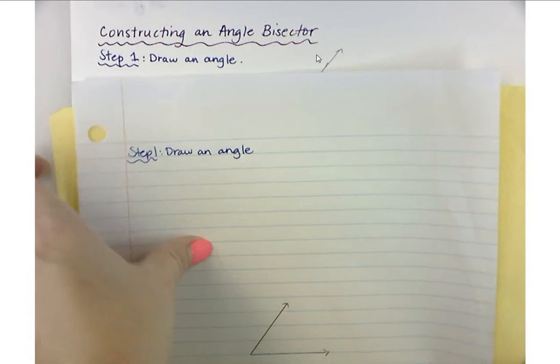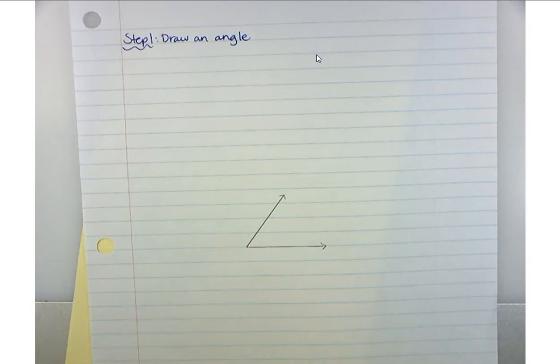And then for the rest of the steps, what I'm going to do is we're going to write it down first. Then I'm going to do it and you're going to watch. And then I'm going to tell you how to do it again, and then you're going to actually do it yourself at that time.